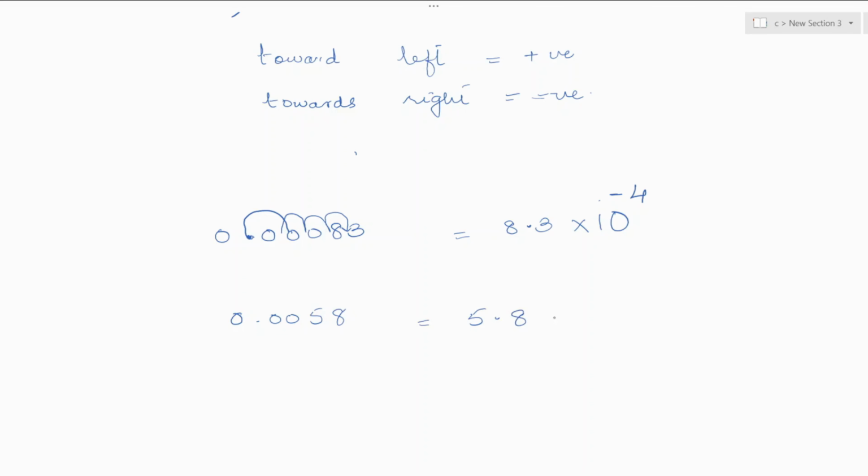Good. Excellent. Then I have another number for you: 245. What would be its scientific form or notation?